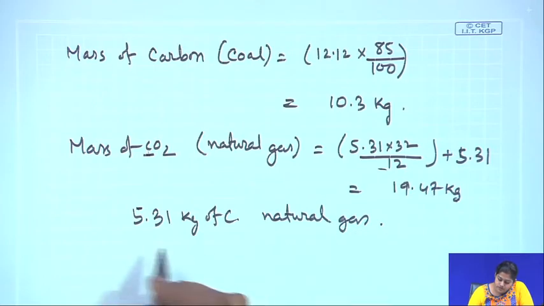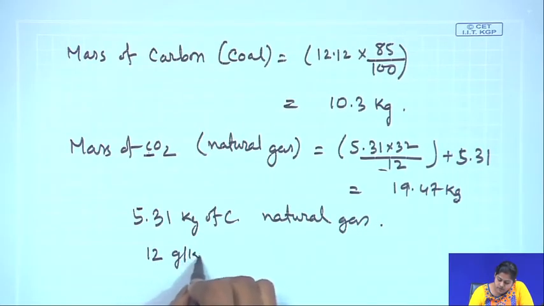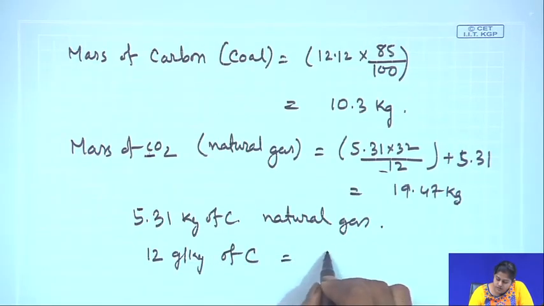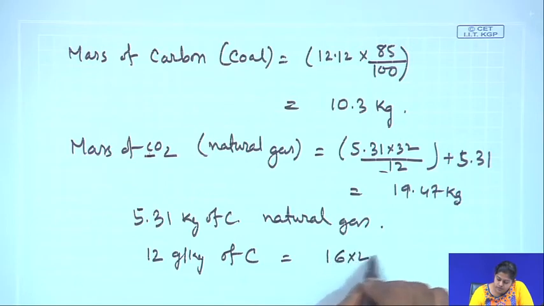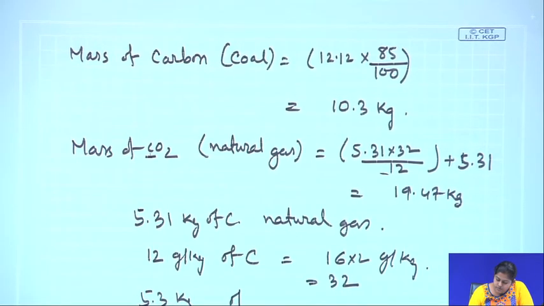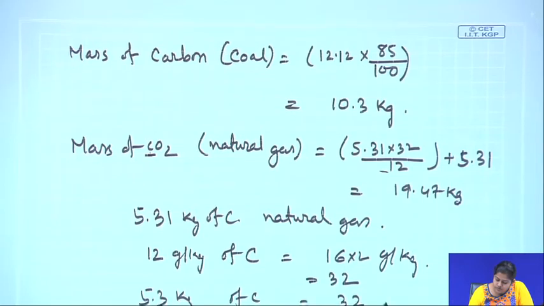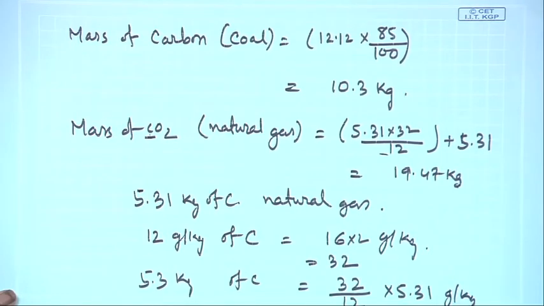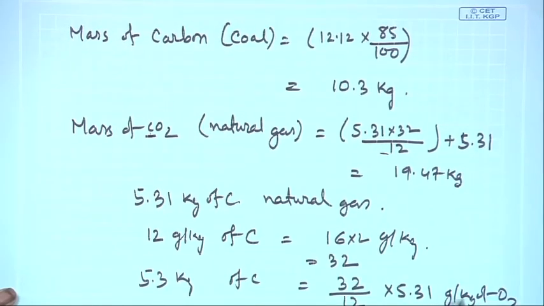According to the molar mass, for 12 gram or kg of carbon, the oxygen requirement will be 16 into 2 gram or kg. So, that is 32. So, for 5.31 kg of carbon, we will require 32 divided by 12 into 5.31 kg of O2. This will not be gram, this will be kg of O2.